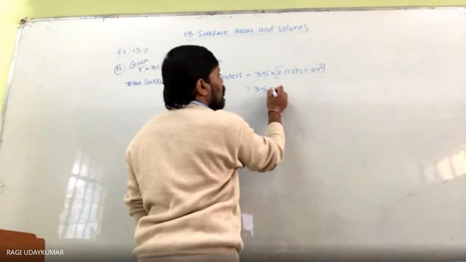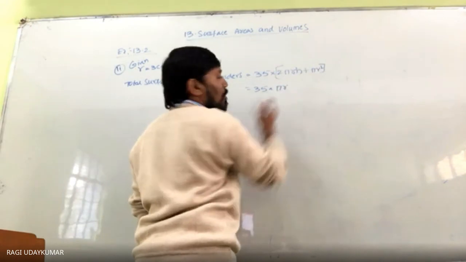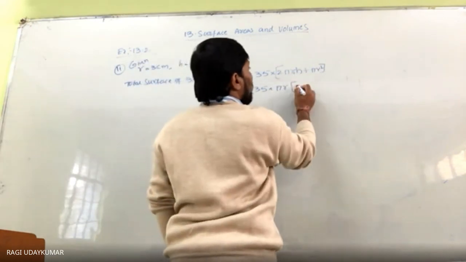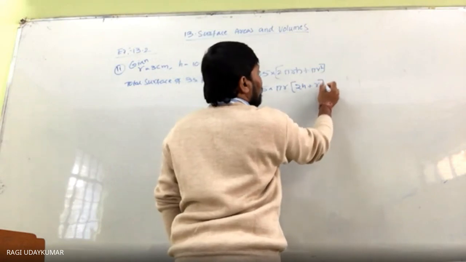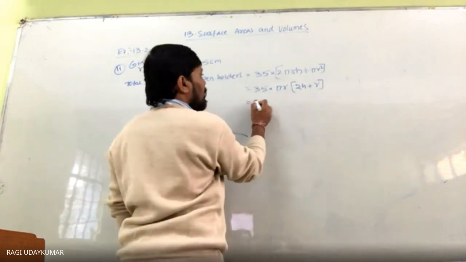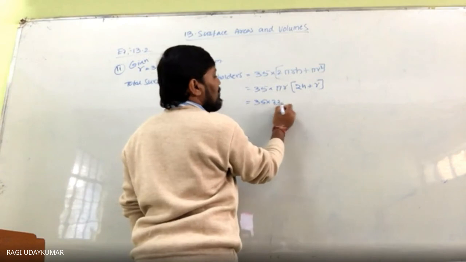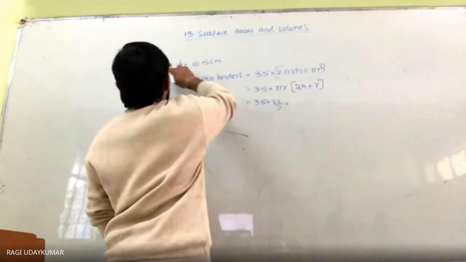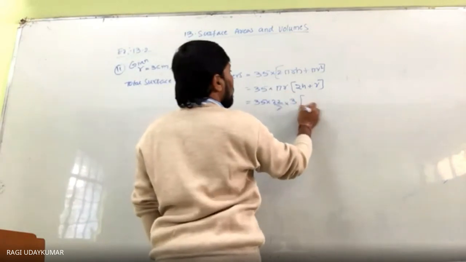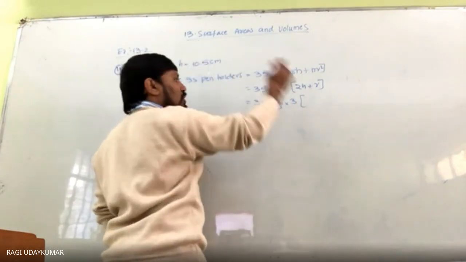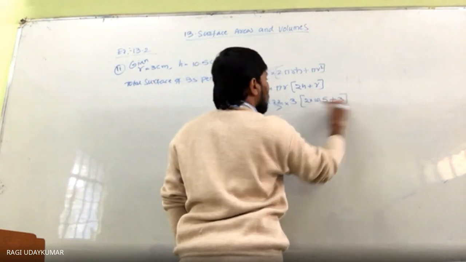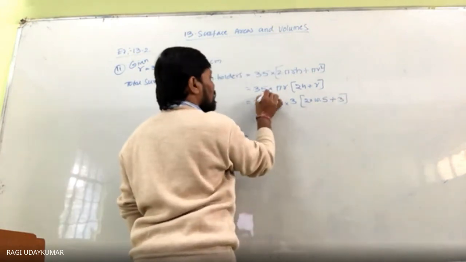So 35 into pi r, you can take common from this to make the simplification easier, right? Pi r into 2h plus r. So we are going to get 35 into 22 by 7, this is 7 multiplied. That's why pi r is given. And the radius is given to you 3 centimeters. And 2h is only 10.5 double. 2 into 10.5 plus radius 3.